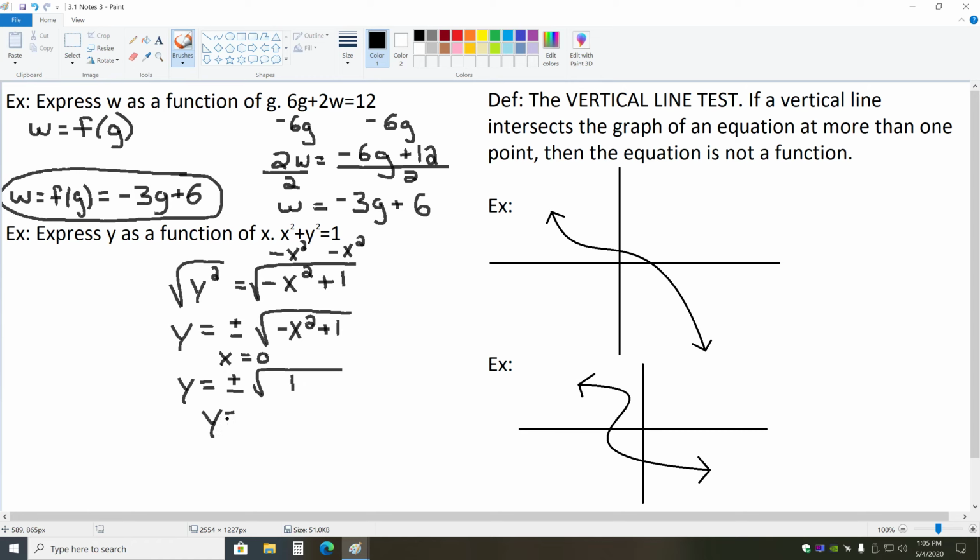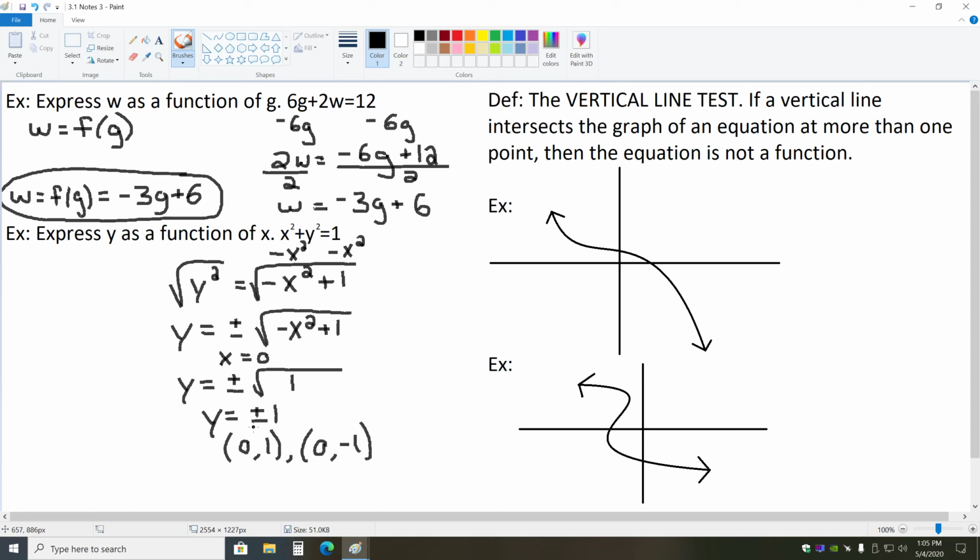So y equals plus or minus 1 when x equals 0. Can you think about what's wrong with that statement? We just said we could create 2 points. The point 0, 1 and the point 0, negative 1.